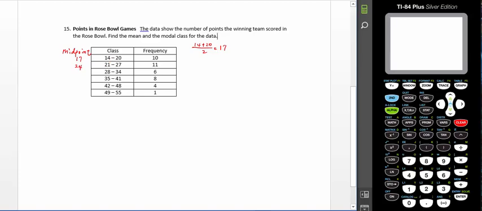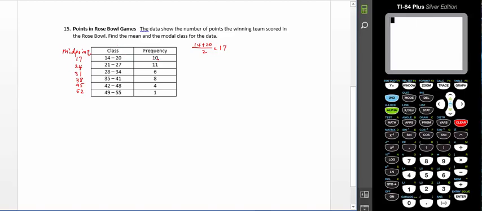So you can just add 7 to the first midpoint and keep adding 7 to get the subsequent midpoints. The next one will be 31, 38, 45, 52. So I'm going to use the midpoints to represent each class.